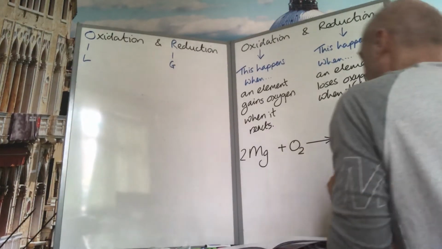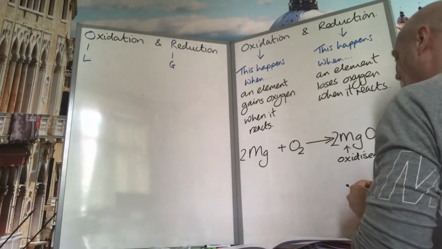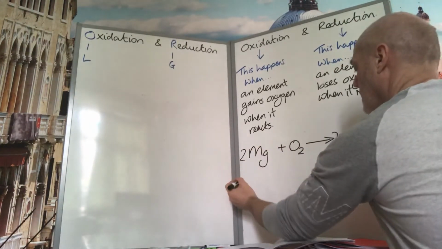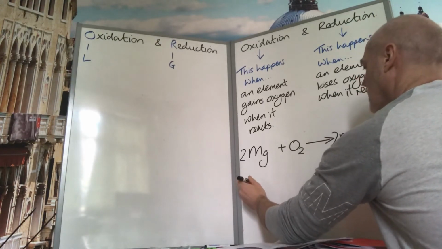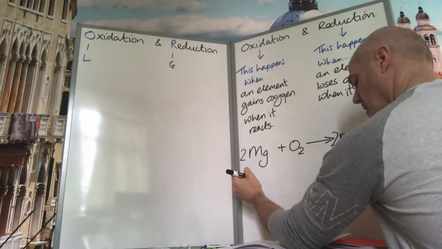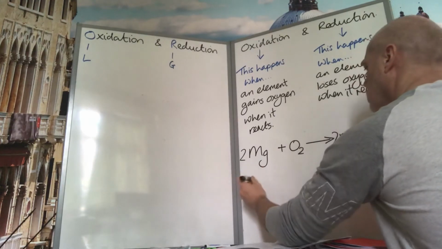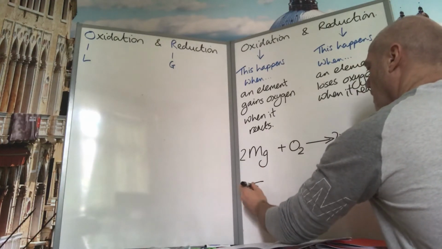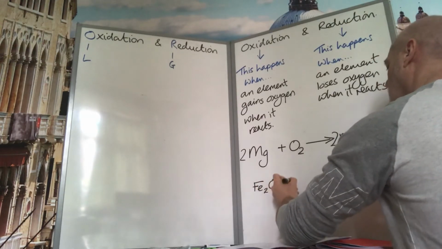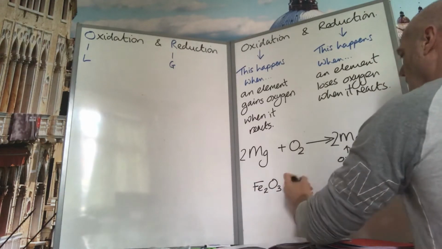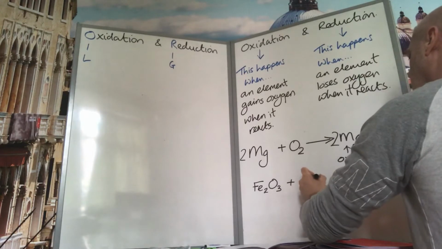If we want to look at reduction and oxygen together, let's look at a displacement reaction. So let's go with iron oxide plus carbon.